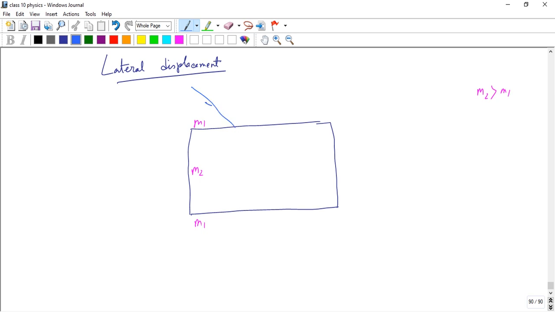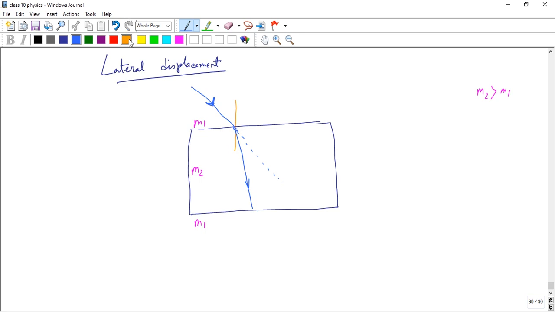That is the incident ray, and that line represents the normal, at the point of incidence. Light travels in a straight path, but due to the mismatch of the density of the medium, the light bends towards the normal because it travels from rarer to denser medium.